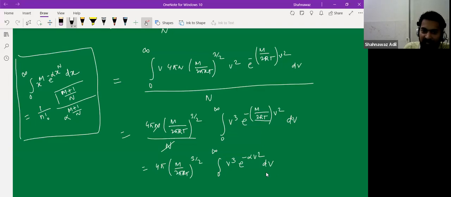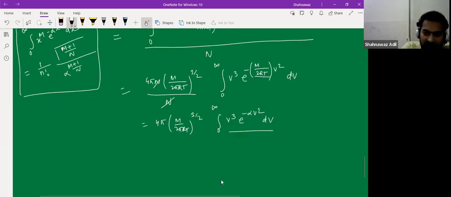This is exactly of that form, and when you solve this, you will get your final answer. So this is your V average.